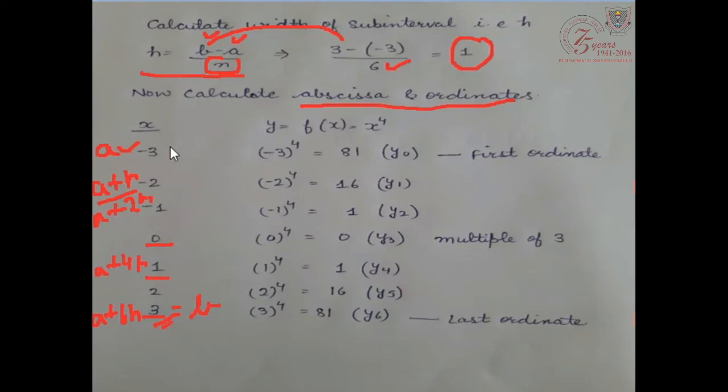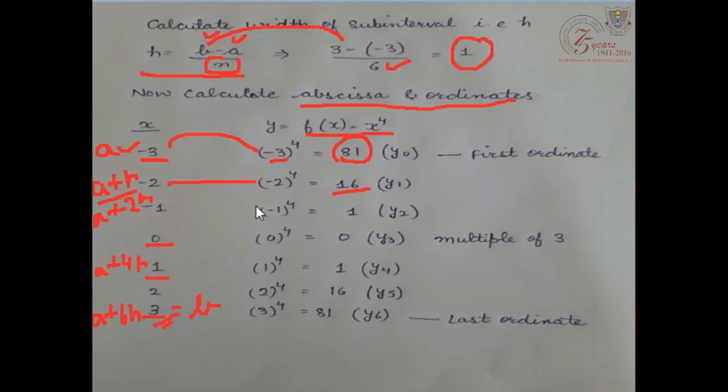Corresponding to these abscissas, we will calculate the ordinates by putting the values in the function. The first value in the abscissa part is -3, and putting -3 into the function, we get the first ordinate, that is 81. After putting the second abscissa value into the function, we get the second ordinate value, that is 16.